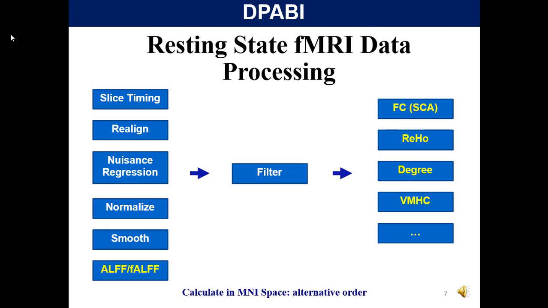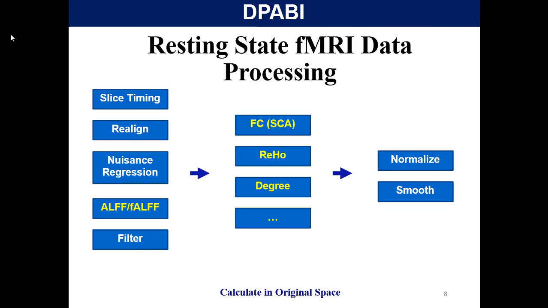There is also an alternative order: we can calculate all the measures in original space. We can do slice timing, perform realignment, perform nuisance regression, and before spatial normalization, in the original space, we can calculate ALFF and fALFF, do filtering, and calculate functional connectivity, regional homogeneity, degree centrality, etc. At the end, we do spatial normalization and perform smoothing.